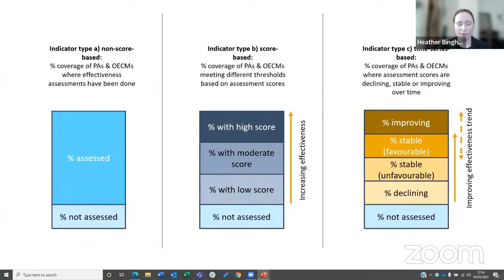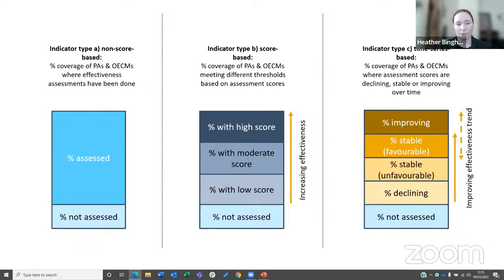I'm not going to go into this in detail, but just to give you a sense of the types of options that have come out of that workshop series for assessing this part of the indicator. So the first option is measuring it according to whether protected areas and OECMs have been assessed for effectiveness or have not been assessed for effectiveness. This is along the lines of how it's currently monitored using the global database on management effectiveness, as Ed said.